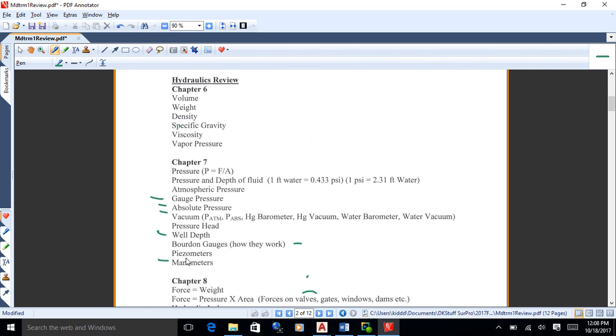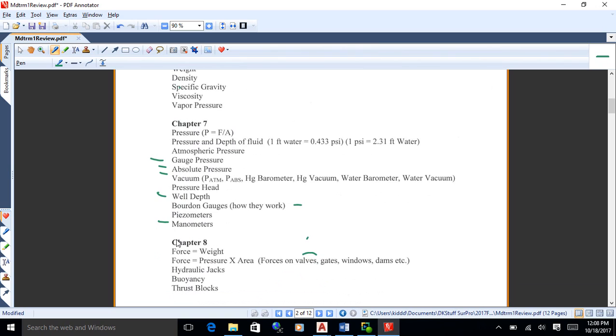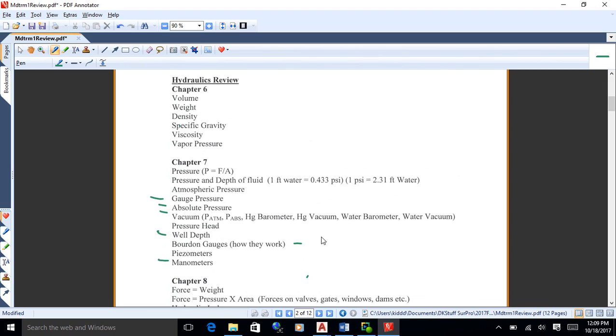Okay. And then the last chapter there was force, which is weight, which also is pressure times area. It's usually the average pressure that you would use there, so keep that in mind. And then we had those 3 special topics, hydraulic jacks and buoyancy and thrust blocks. Okay. So that's the list of topics that I picked from.